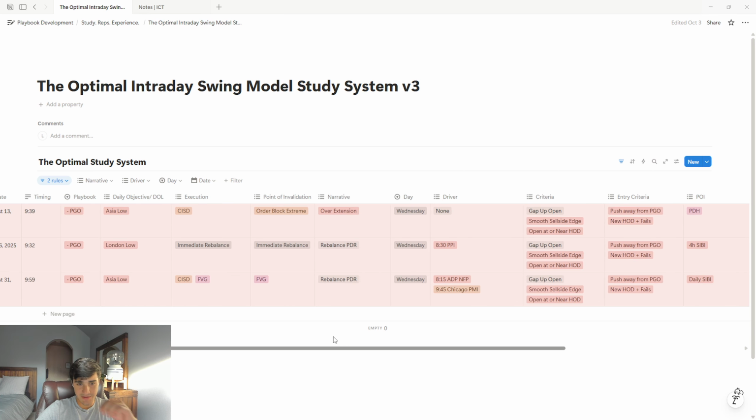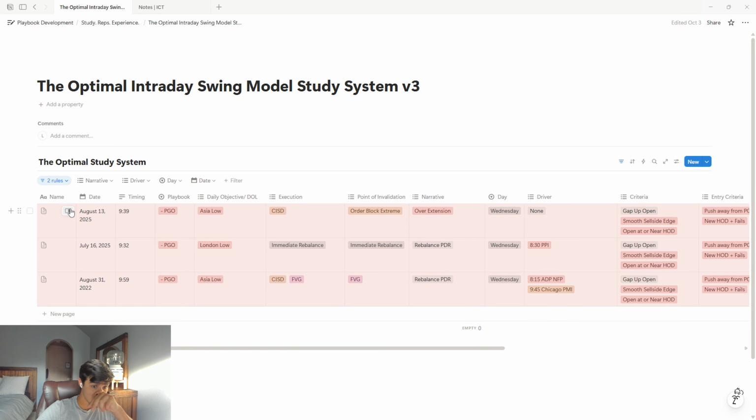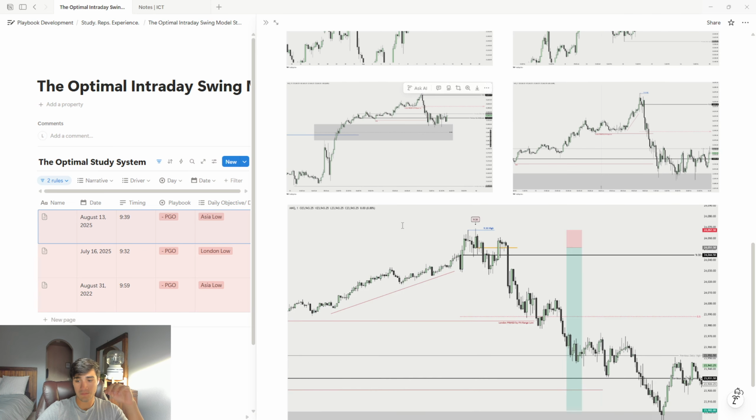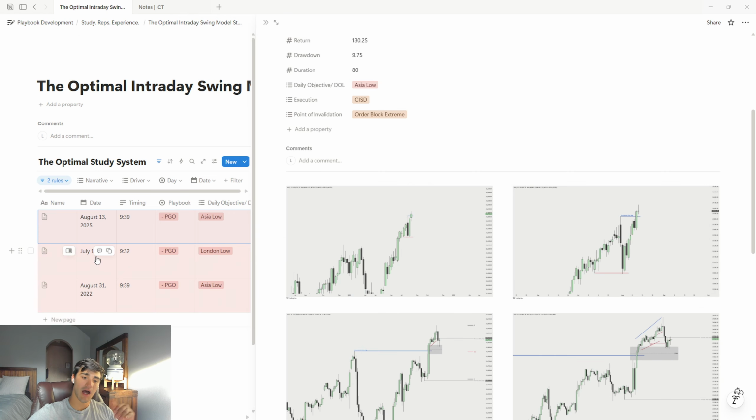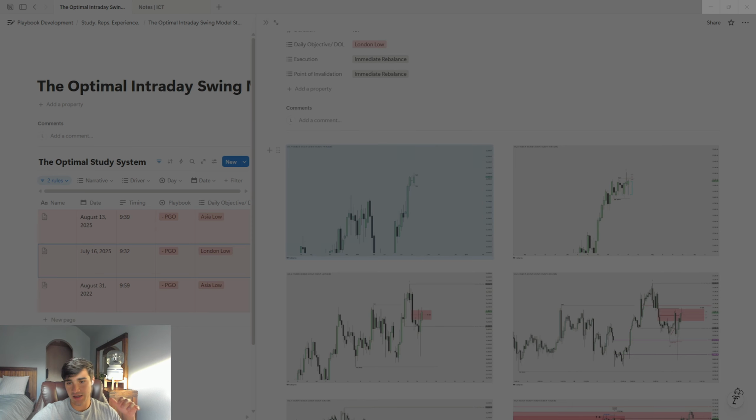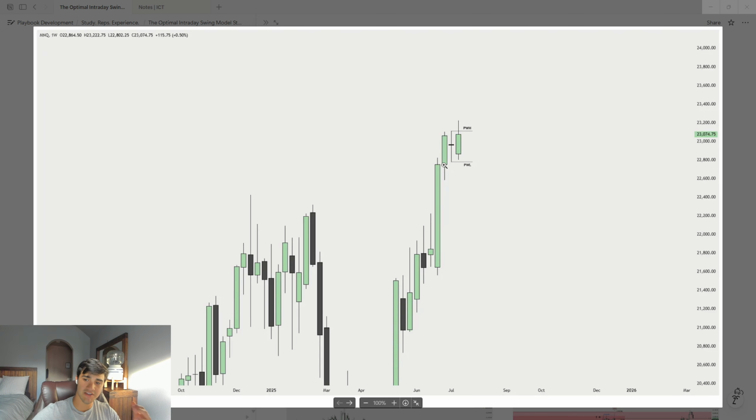So that's the last of the metrics. I believe I've covered everything now. And then if we go to the way that I frame these and how I actually record these, I'm annotating everything top down, weekly to 1 minute. I'm annotating everything that I possibly can, everything that makes that trade make sense for me.